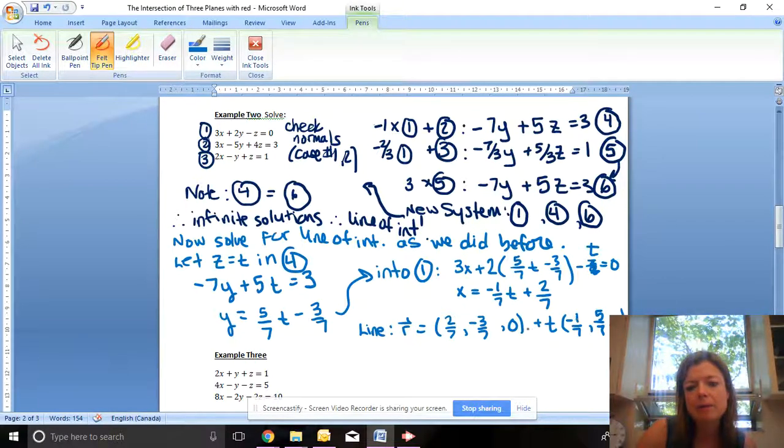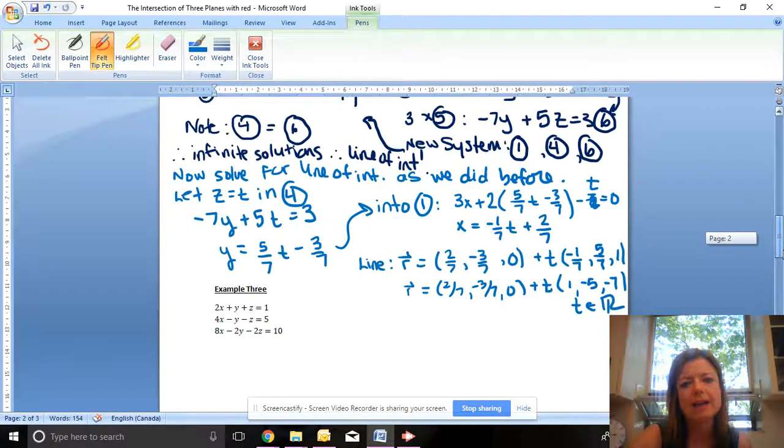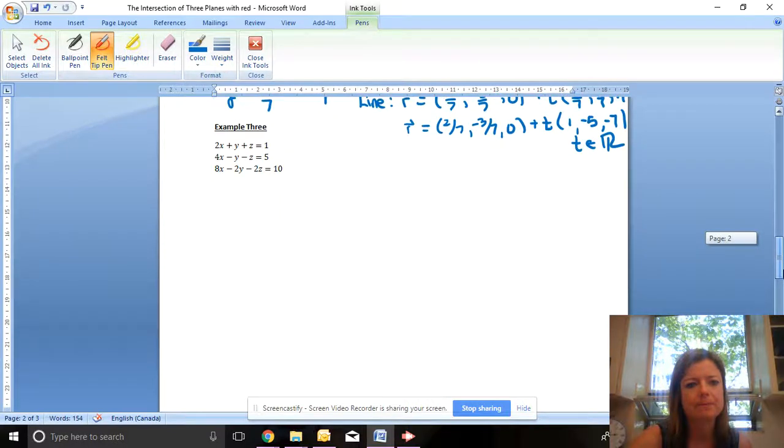But I can scale my direction vector. I can't scale this point, so it has to stay as that annoying fraction because that's a point on the line, but I can scale this to 1, negative 5, negative 7. t is in the set of all real numbers. Okay, so that is how you find a line of intersection.